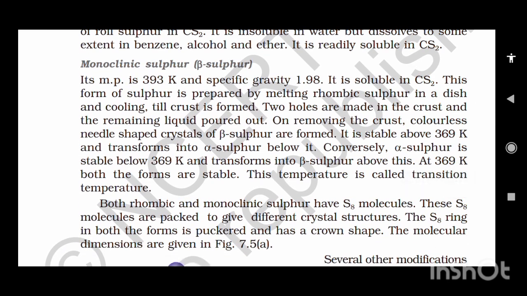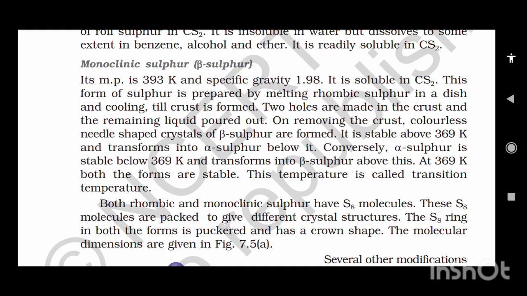Monoclinic sulfur. Its melting point is 393 Kelvin and specific gravity 1.98. It is soluble in CS2. This form of sulfur is prepared by melting rhombic sulfur in a dish and cooling till a crust is formed. Two holes are made in the crust and the remaining liquid is poured out.